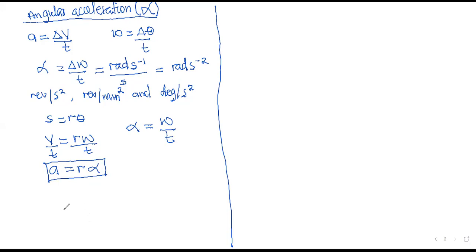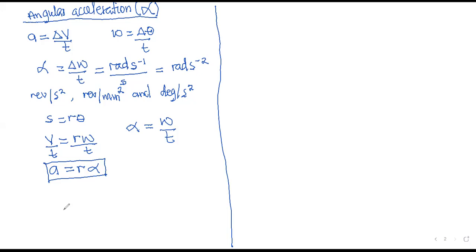Note that all linear quantities occur within the circumference of the circle. So linear displacement, linear velocity, linear acceleration, they all can be determined within the circumference.